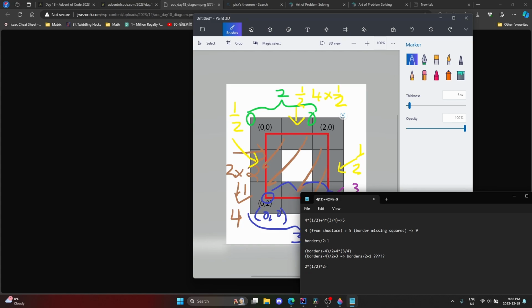Wait, so it's plus one. Yeah, so with plus one, we do the transformation from this to this.